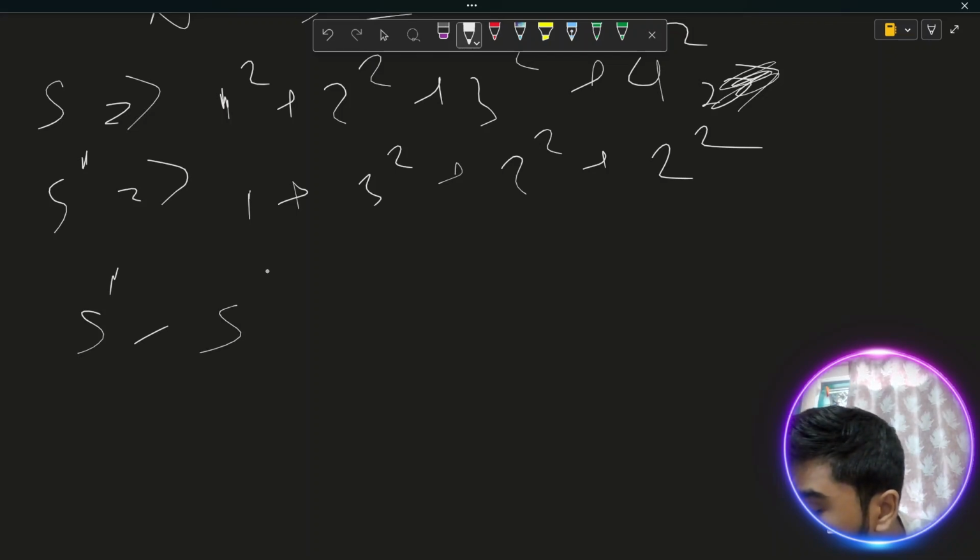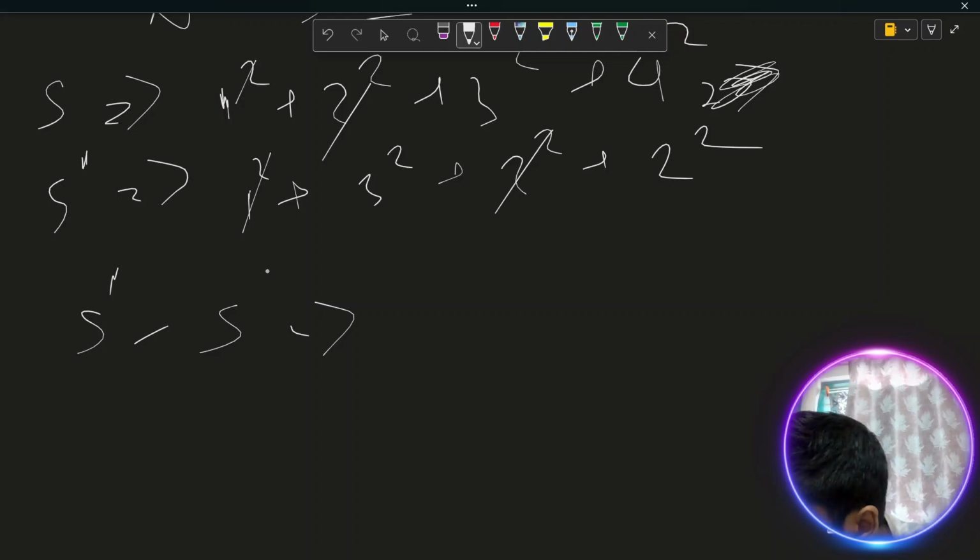Now in this case, in s dash, what is going to be cancelled? 1 gets cancelled, 2 gets cancelled, and 3 gets cancelled. So we are left with 2 square minus 4 square.